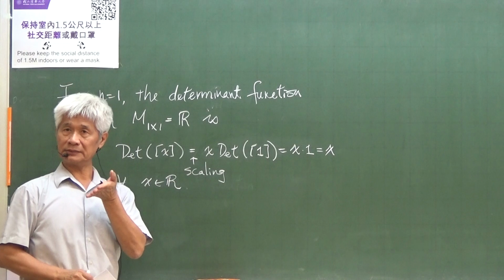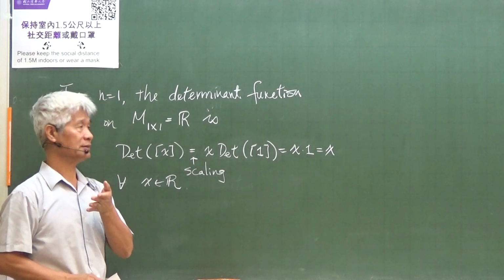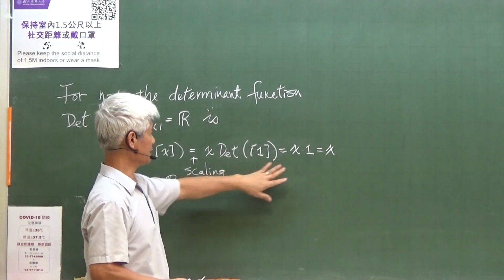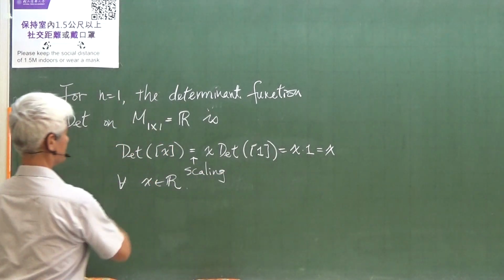But 1 is the identity matrix, so the value is 1 for all x. So it's x for all.